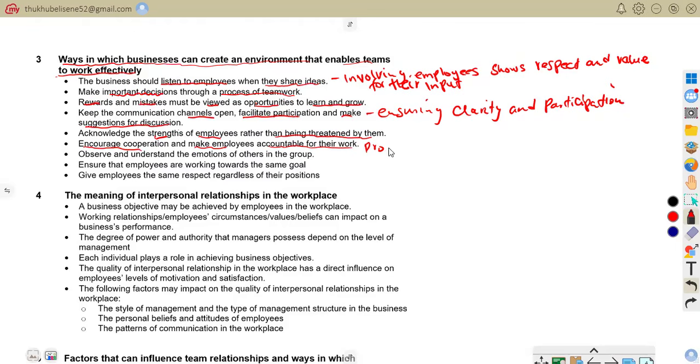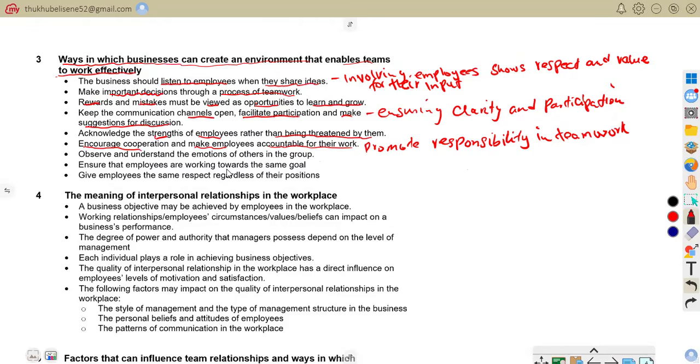You promote responsibility in teamwork. So you make sure that each member is given a clear role in a group project. That's how you promote responsibility in teamwork.